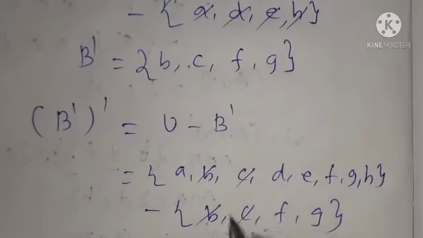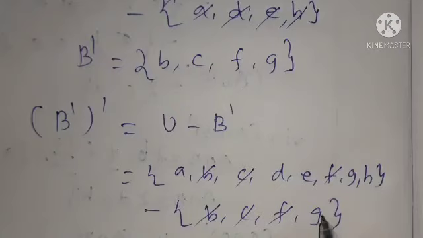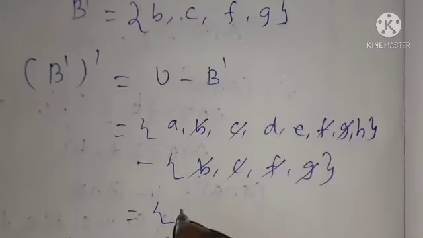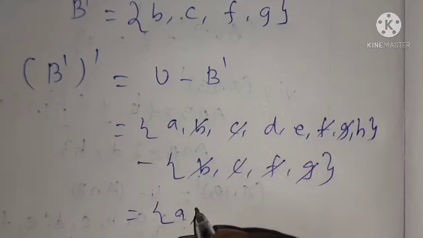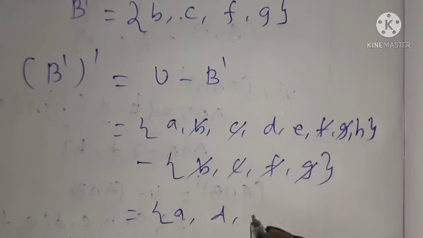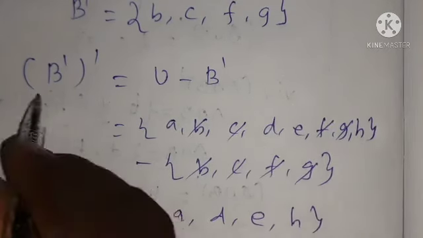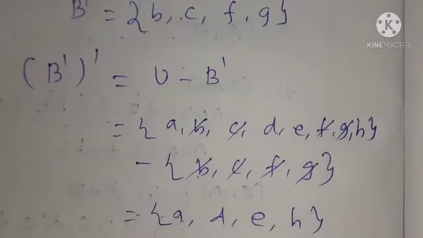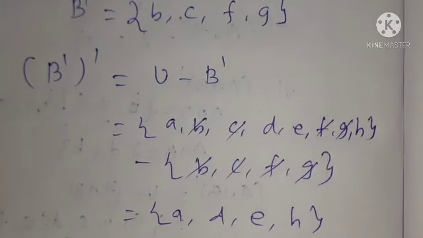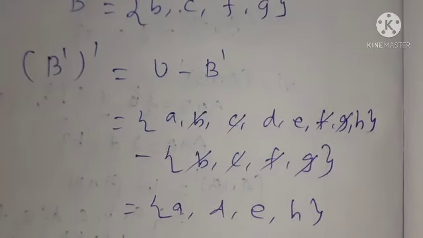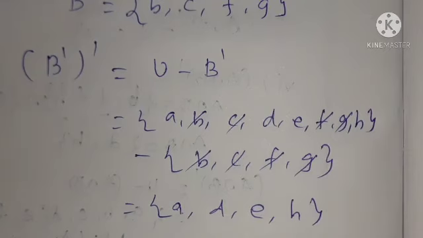B is common, C is common, F is common, and G is common to both the sets. Write the remaining elements: A, D, E, H. (B dash) whole dash means the universal set minus B dash, the universal set having but not in B dash. So (B dash) whole dash equal to A, D, E, H.